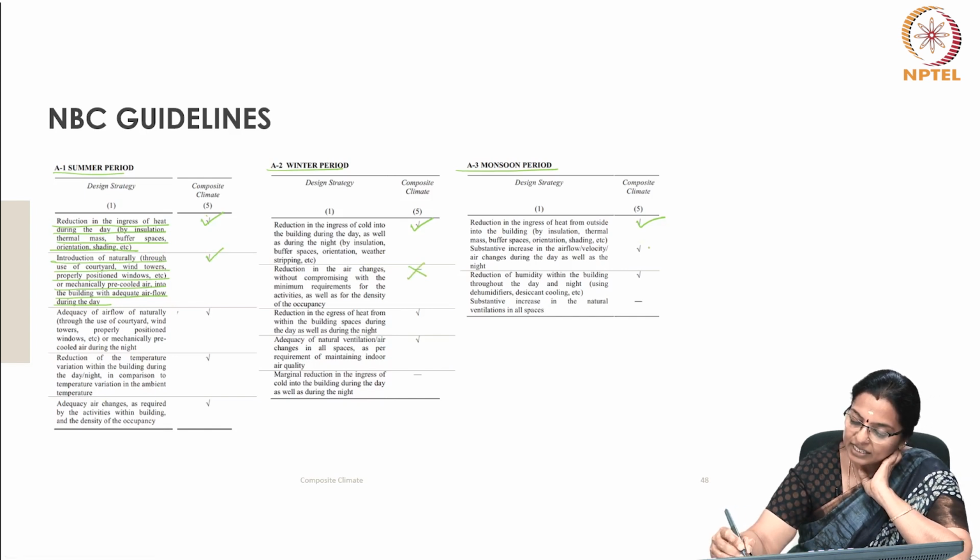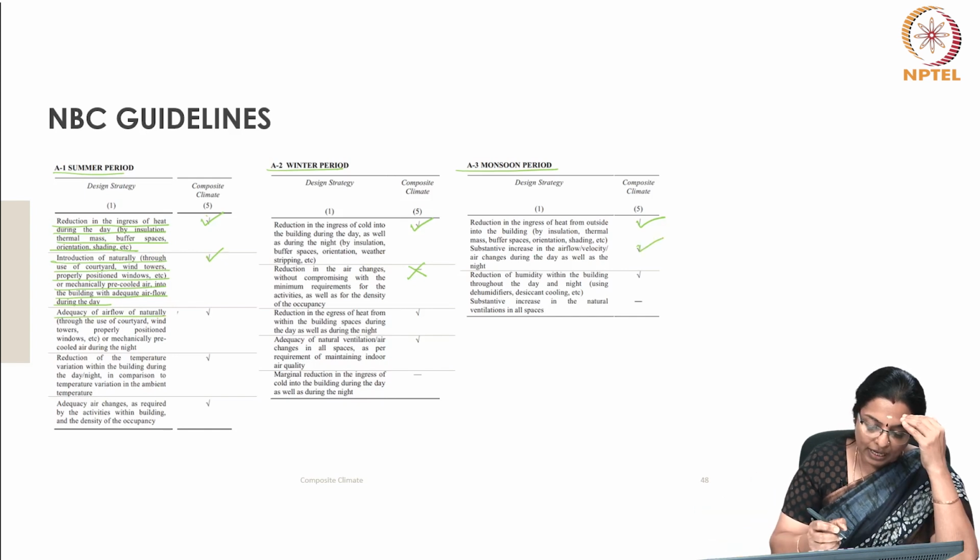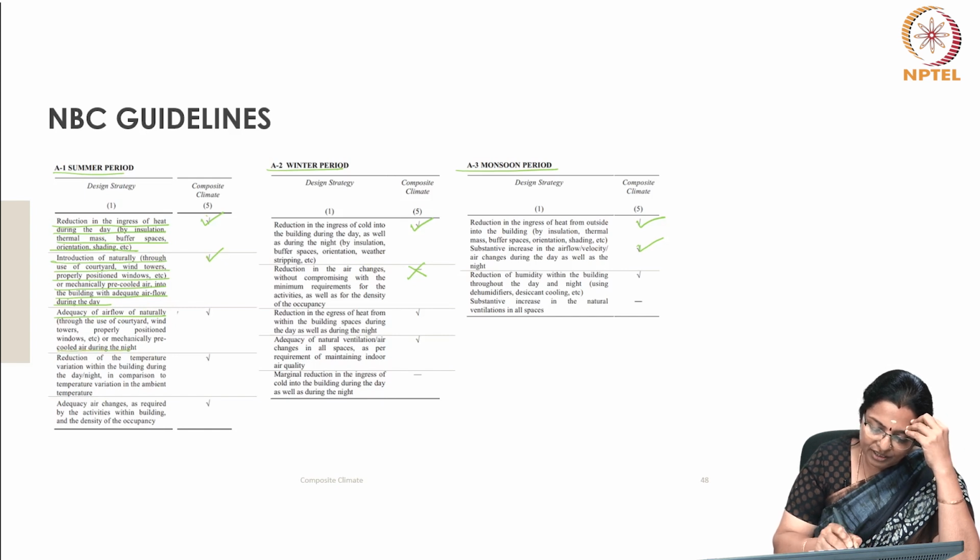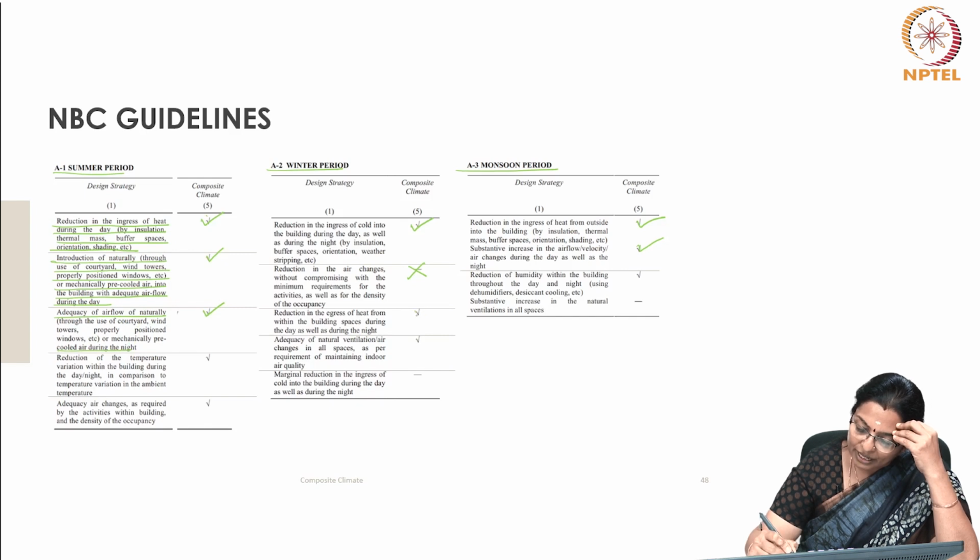Substantive increase in airflow velocity during the day as well as night is required in the monsoon period. Adequate airflow of natural ventilation is needed during the summer period and during the winter period.